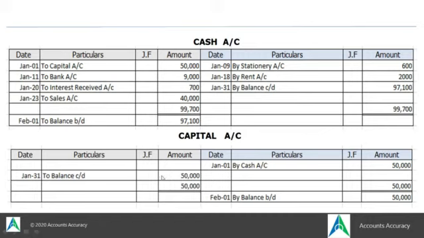You remember, the balancing is done at the last of the month and transferred to the first day of the next month. So on 31st Jan we have done balancing of capital account, that is 50,000, and this will diagonally be written at the credit side as February 1 by balance brought down 50,000.